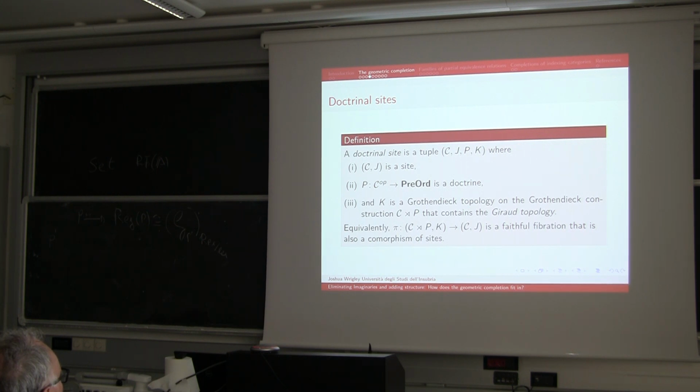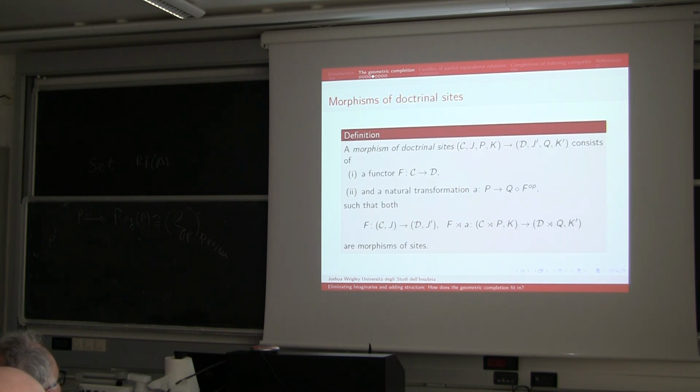The Grothendieck topology is adding in any extra logical structure that we've got going on in the base. And then this Grothendieck topology K is adding in any of the extra logical rules that are happening in our doctrine.